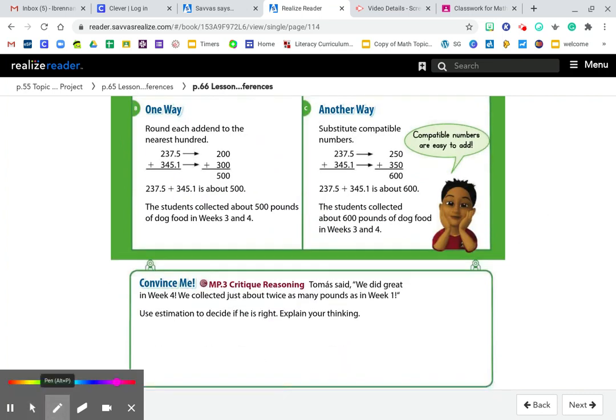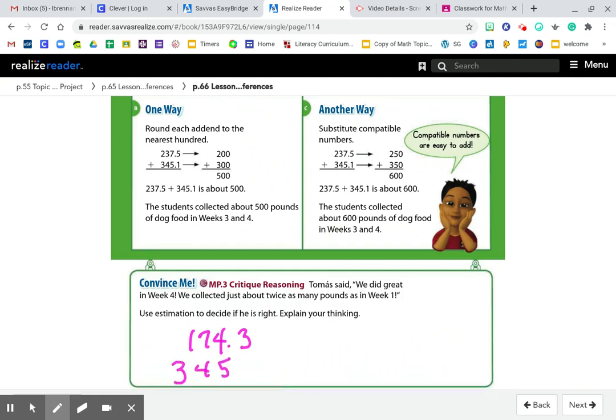Let me check that again. 172.3 and 345.1. So if I rounded that to about 200, I don't know if I would even agree with him again.